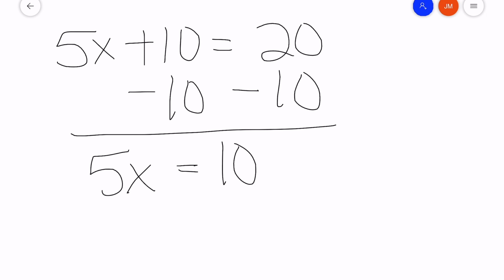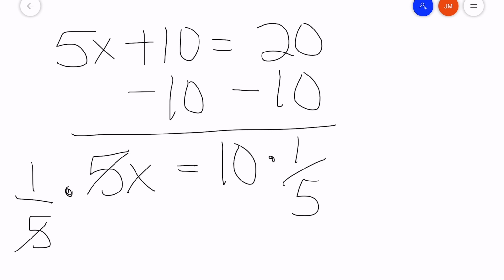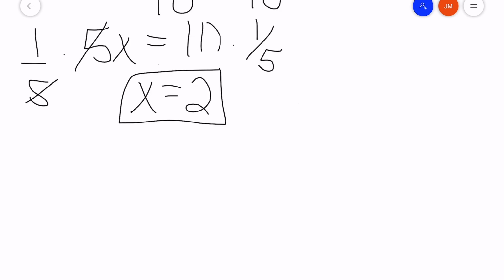Third step, use multiplication and division properties to isolate the variable. So we'll multiply each side by 1 over 5. So these cancel out, and we're left with x equals 10 divided by 5, which equals 2. Okay, so we found that x equals 2.